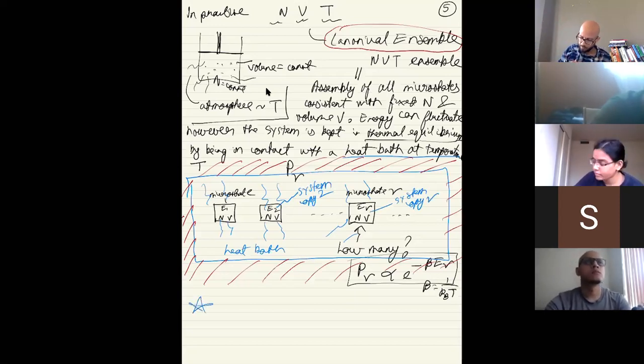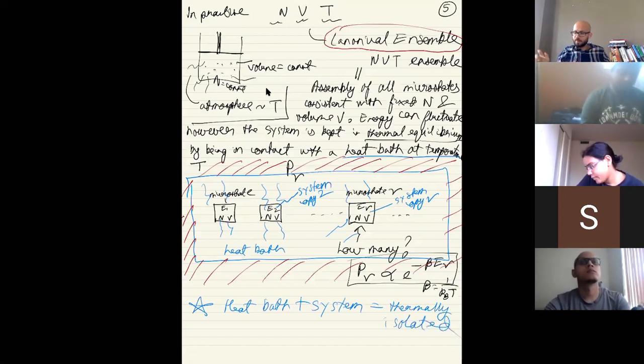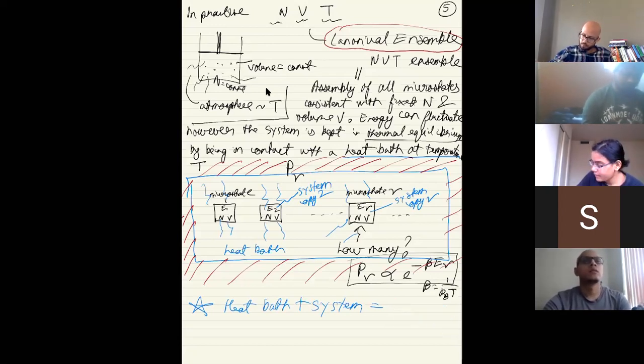And the key point here is that heat bath plus system together is thermally isolated, and pressure also, it's just isolated. It's an isolated system.